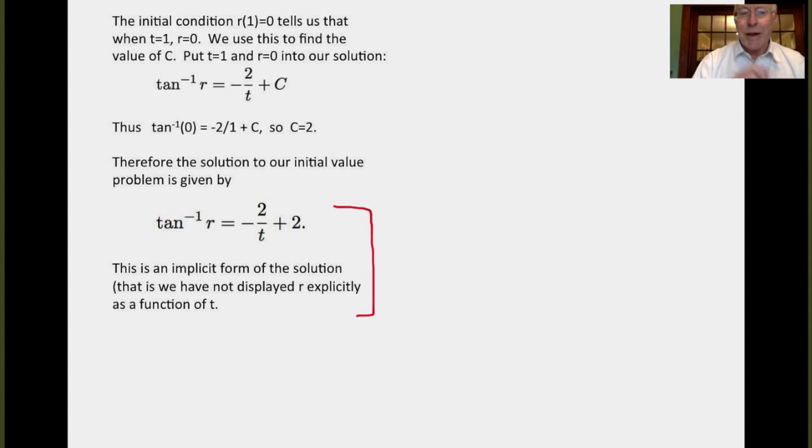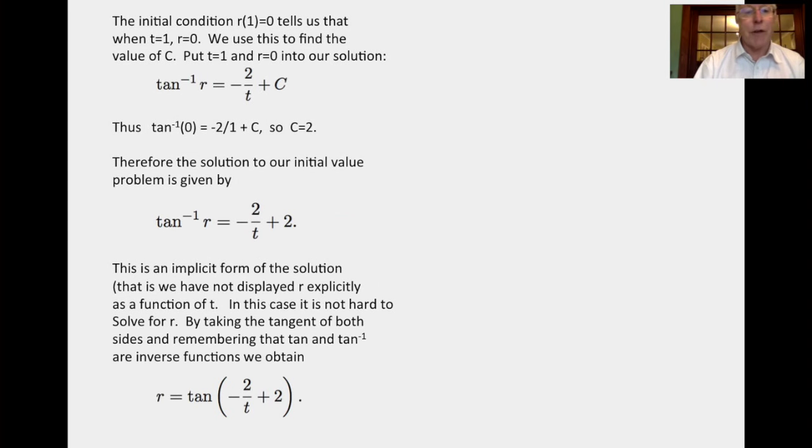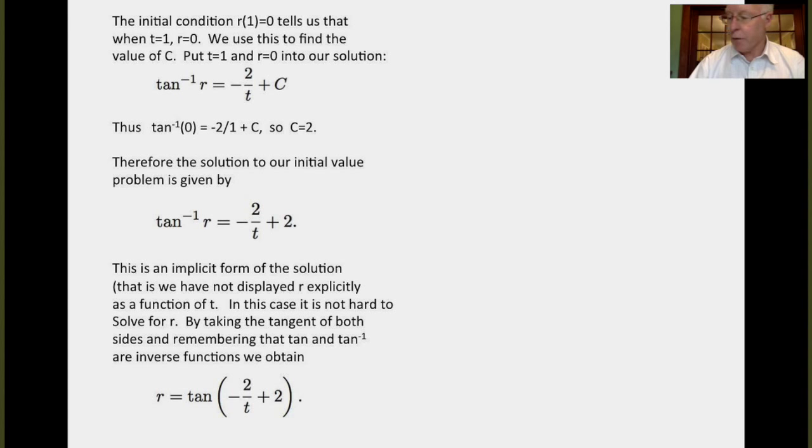Of course, in this case, we know a bit more about the inverse tangent, and this expression is not too complicated. If we take tangent of both sides and use the fact that tangent and inverse tangent are inverse functions, we can actually get an expression that shows r as a function of t.